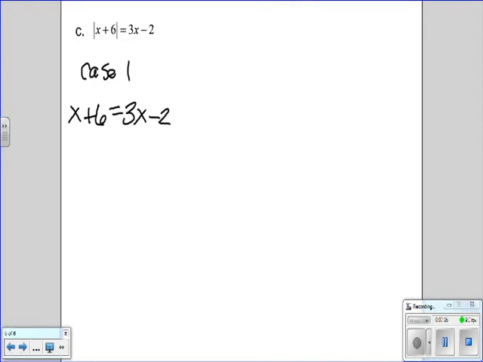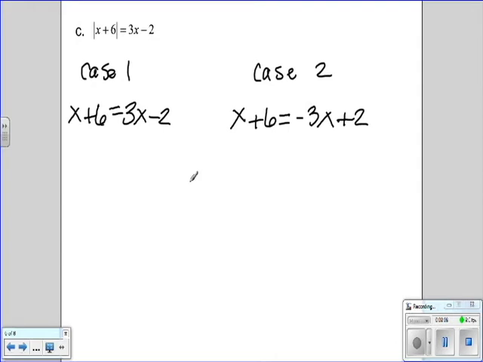And then in case 2, this is our negative case. x plus 6 could equal the opposite of 3x minus 2. And the opposite, or the negative, would be negative 3x plus 2, okay? So both signs have to change. It becomes negative 3x and a positive 2. If you have more than one term or more than one number, you have to switch the symbol on both of those for case 2.